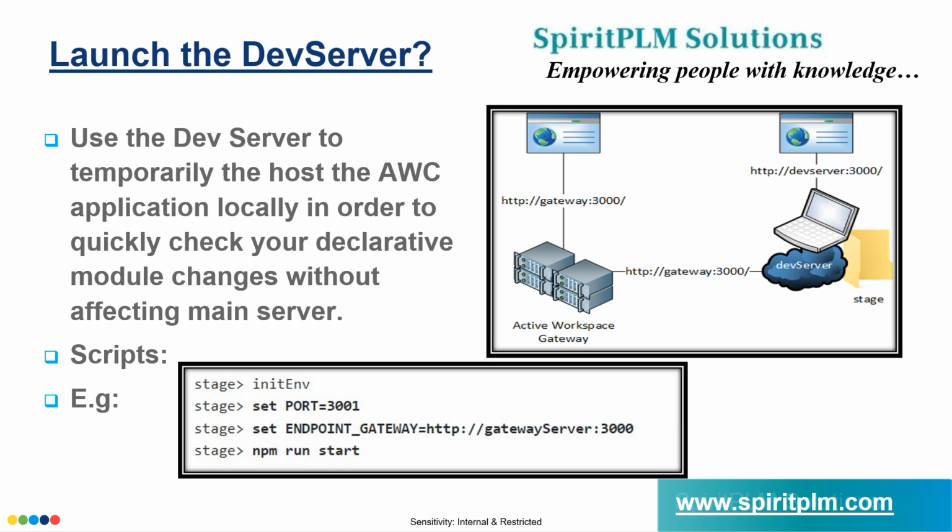At that time you have to run the script set endpoint gateway equal to http://gateway server:3000, and you have to write npm run start. Using this you can open the dev server separately. Then you can make further changes, like adding your own panel, own buttons, own layout, everything you can customize in the dev server.